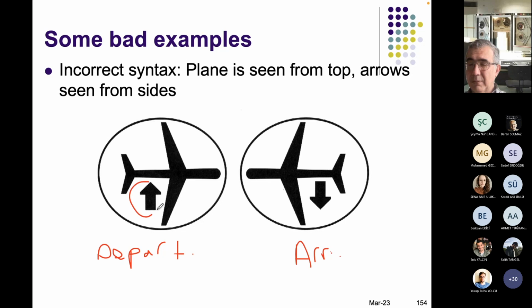The arrow is seen from the side because departure is actually plane going up. Arrival is plane going down. But you need to show the plane from the side. That's why this is wrong. You show plane from the top, arrow from the side, which is creating the problem here.